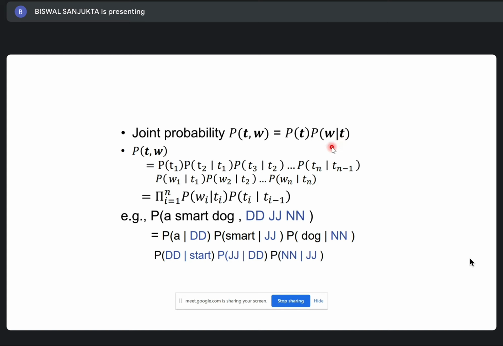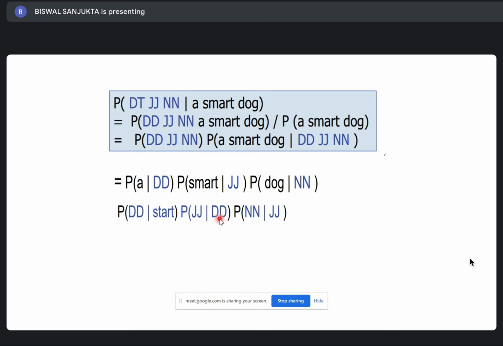I am not interested in other words' tags. So we can write it this way: probability of a given DT, the determiner, multiplied with probability of smart given JJ, and probability of dog given NN. That's how we multiply all these things and get the probability of DT JJ NN given a sentence. I think this is what is written here.